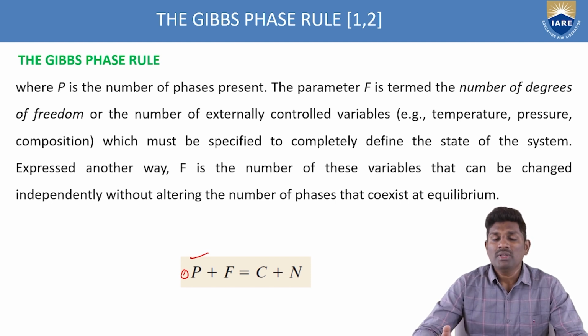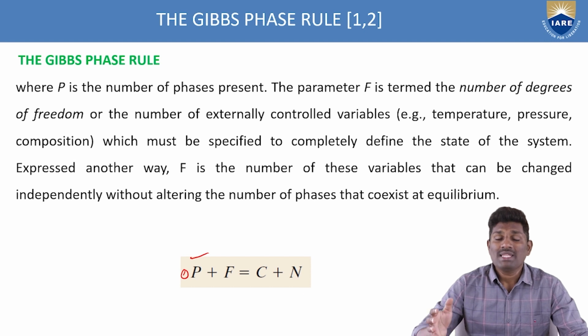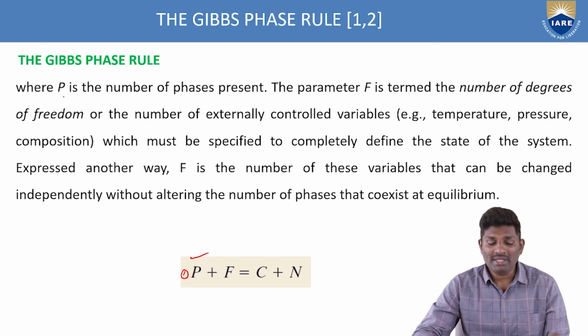If you want to know how many phases are present in the system, you need to calculate the other three things in this Gibbs phase rule. If you know the values of F and C plus N, then it is very easy to calculate how many phases are present or existing in the system. This parameter P is called the number of phases present in the system.